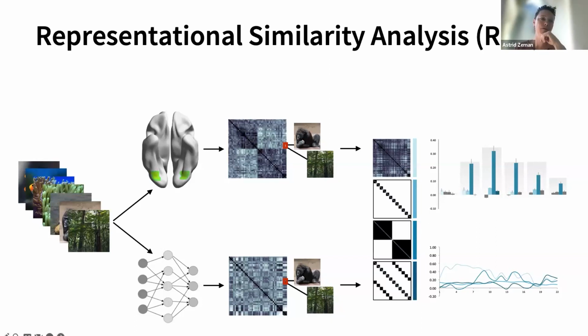So we can feed images through fMRI data or through the network and build these dissimilarity matrices, which are shown in this column, and use that to find out how, inside the brain data or inside the network, similar or distant two objects or scenes are from one another.